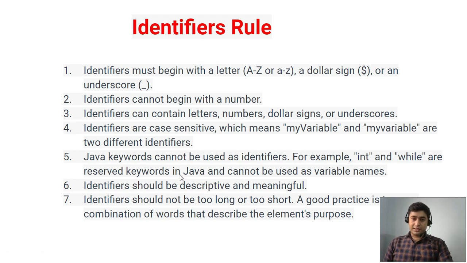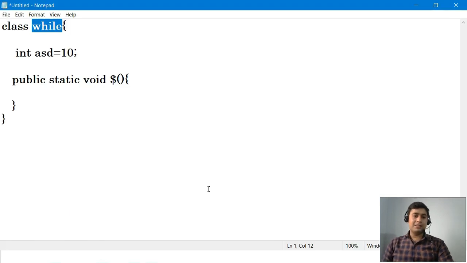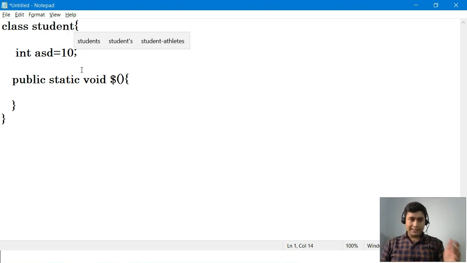Reserved words in Java cannot be used as variable names or any identifier names. Identifiers should be descriptive and meaningful. Whenever you are writing any class name, variable name or method name, it should make sense. If I want to write a student class, then Student is sensible.